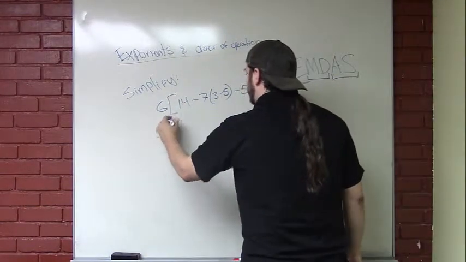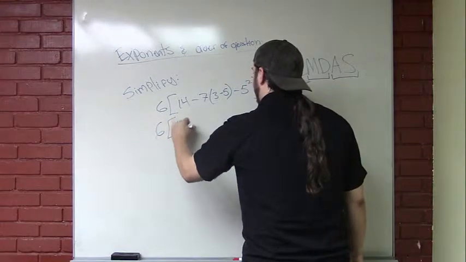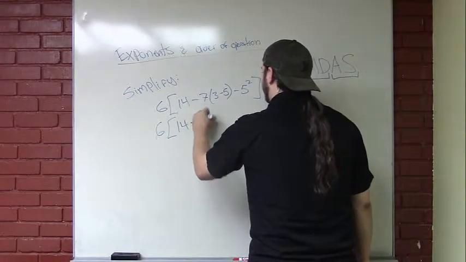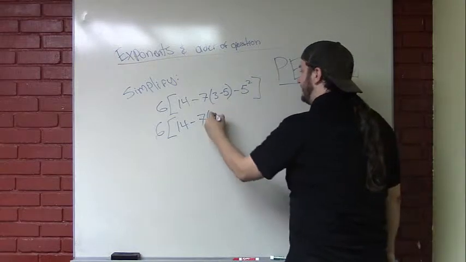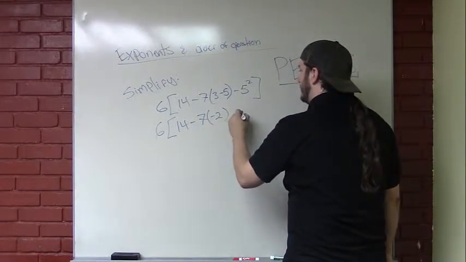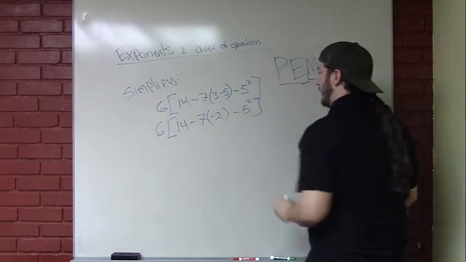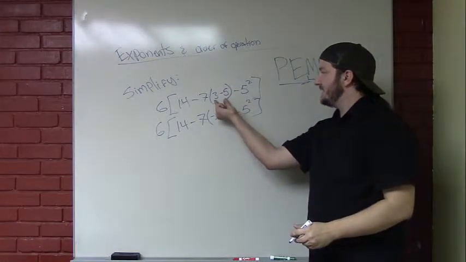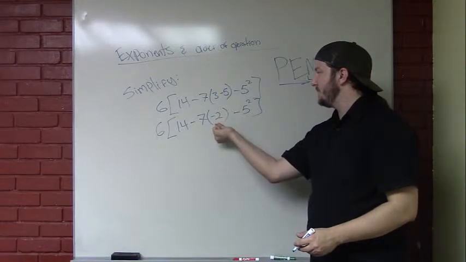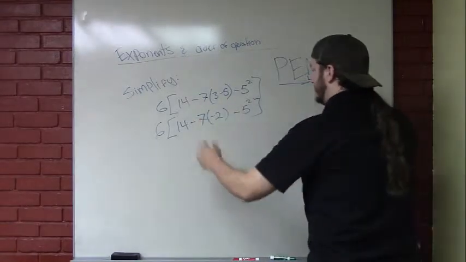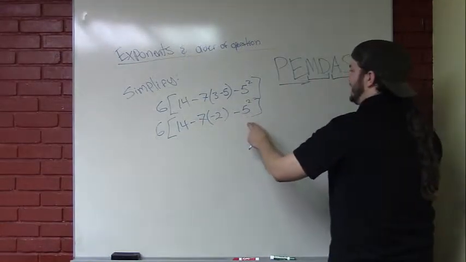So we have 6, 14 minus 7, 3 minus 5 is negative 2, minus 5 squared. So now we've reduced this parentheses down to a single number. Now we gotta do what's inside this whole thing here.